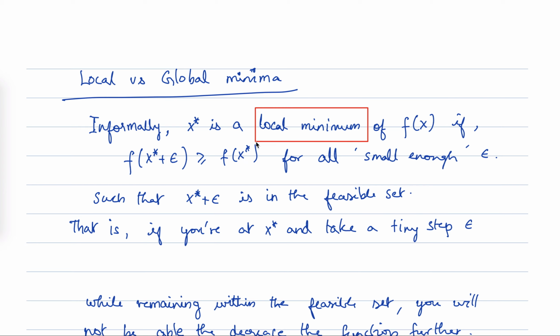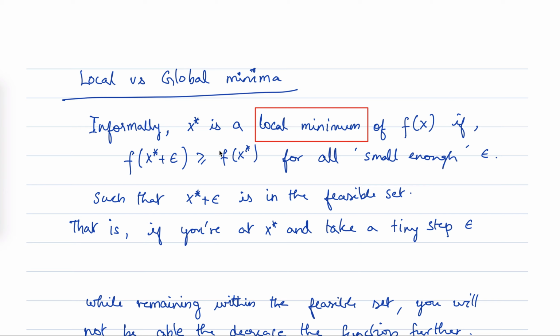So this is an informal definition. I don't want to give the precise mathematical definition, which is called an epsilon delta definition. So you can look that up if you'd like. But informally, what this means is that if you're at x star and you take a tiny step epsilon in some direction, the resulting new function value should not be lower.